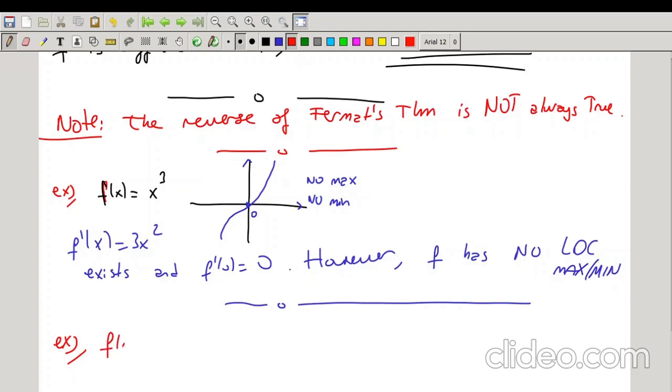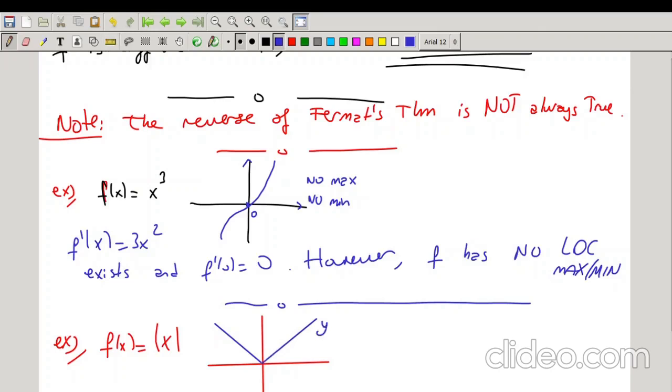Let us check the example f of x equals absolute value of x. Again, if you sketch it, it may be easier to understand. The graph of the absolute value function we did already in the first week, if you remember. We have the following two lines.